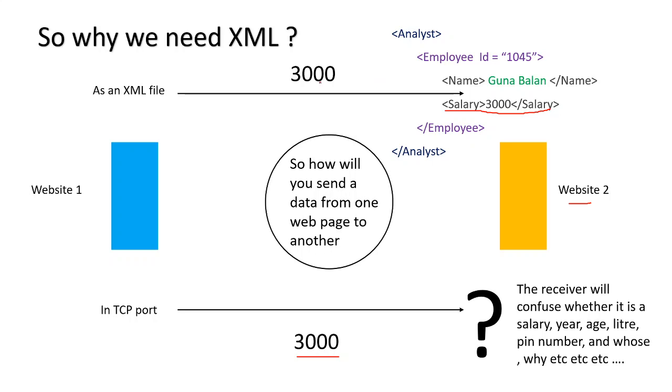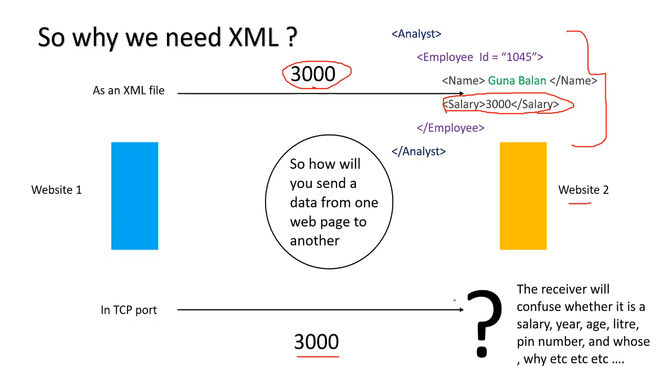With this XML format, we can get the other details about the data, and we can form a structure. When 4000 comes, we will know it is another person's salary. Like that we can create organized data which can be used to compute and process.